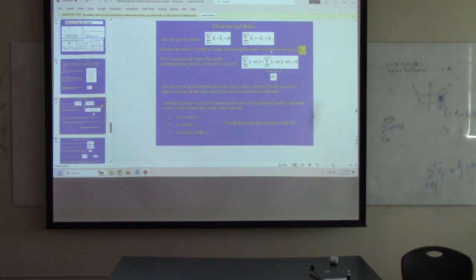So they both have the same velocity. Electrons and holes have the same velocities. But the charges: this one has negative charge, this one has positive charge. This one has wave vector k_j, then this one has k vector k minus j, something like that.